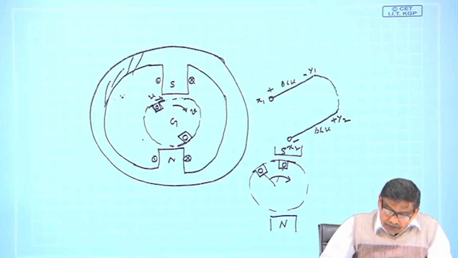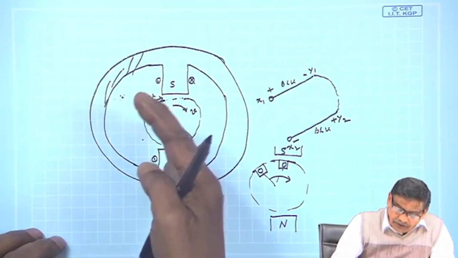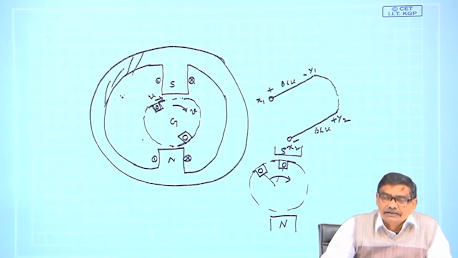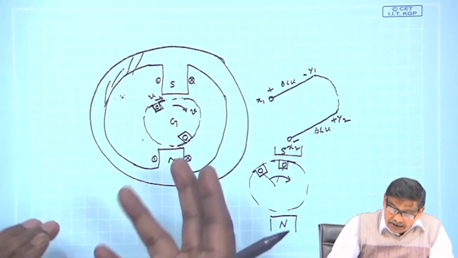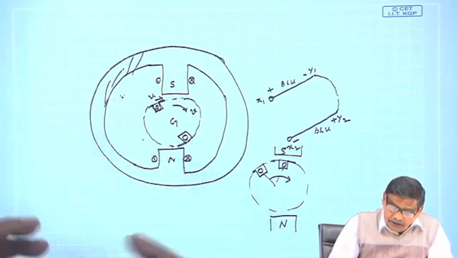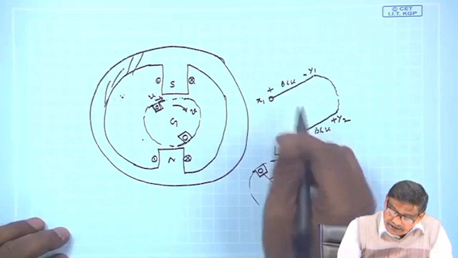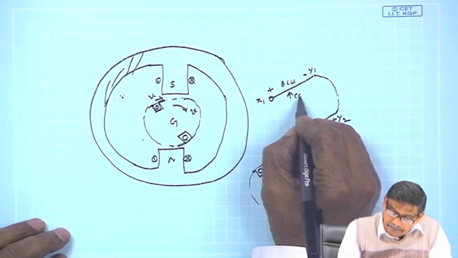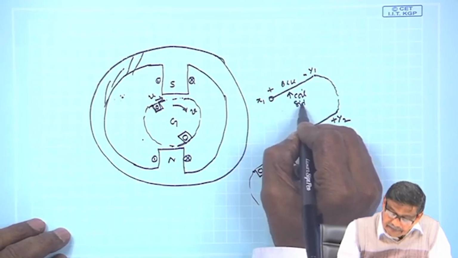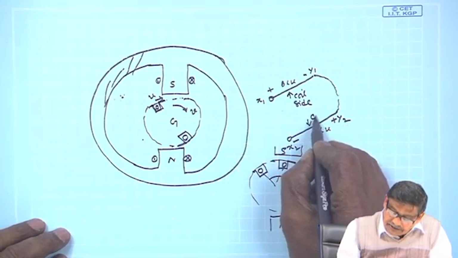Therefore, the new term used is a coil. A coil will have two conductors, or more correctly, two coil sides. These are called coil sides. This is also called a coil side.